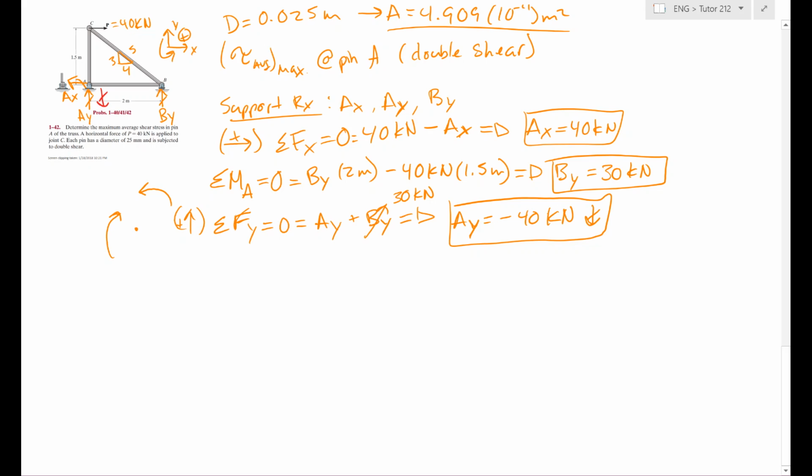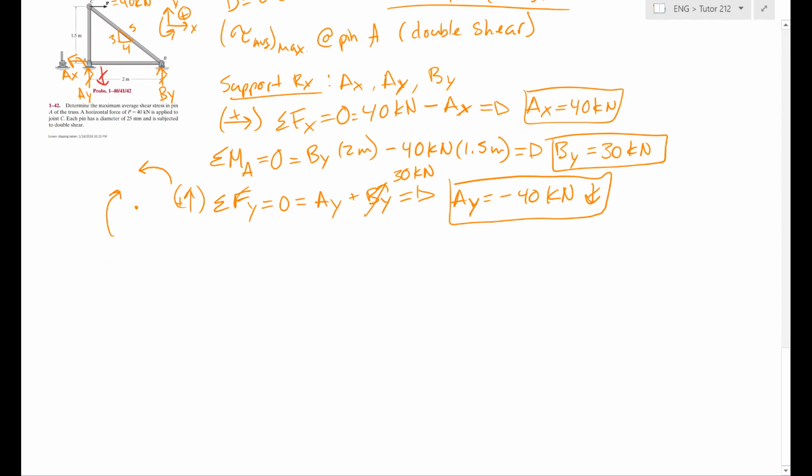All right, so now, actually, it doesn't matter if it's negative or not, because what we're looking at is this pin at A. So our AY is still going up this way, and then our AX would be coming in and out of the page.